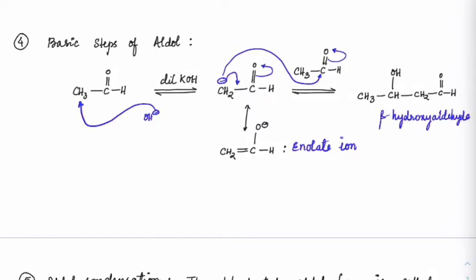Okay. So the idea is, first a tautomerism step, next an enolate formation, then a nucleophilic addition reaction, and finally aldol formation. So these are the four major steps involved during aldol.